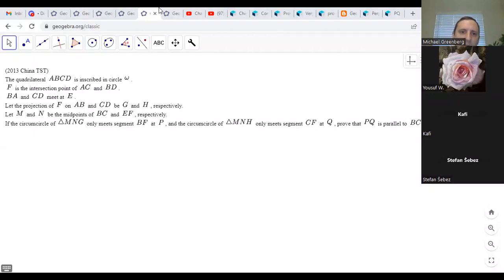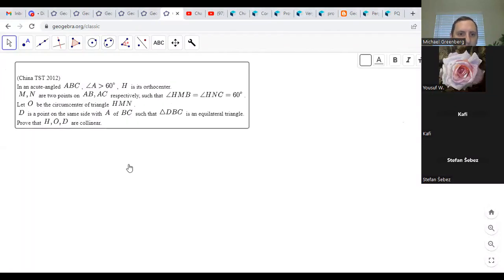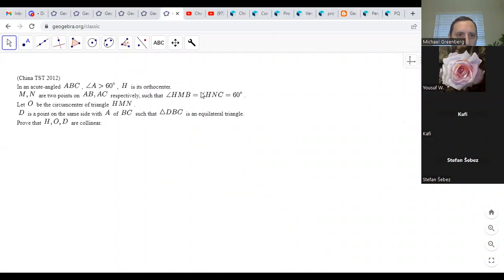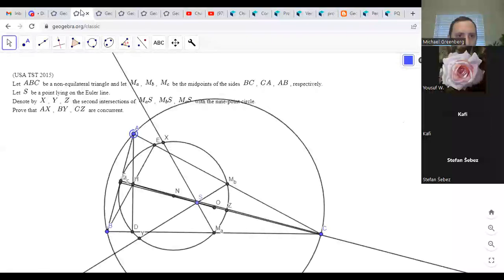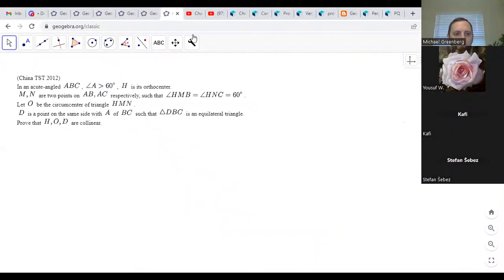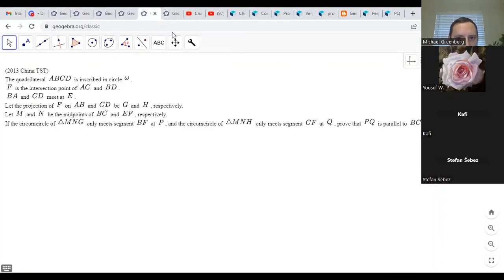Oh, Lenardi's is like a specific condition, so I don't think I'm going to do it right now. So we could do this. What else? Okay, let's try this one. So we could do one with a 60-degree angle, or, oh, I don't think this one is really a conditional problem.